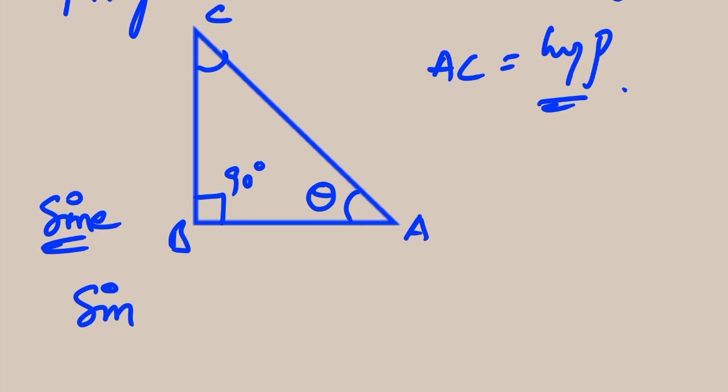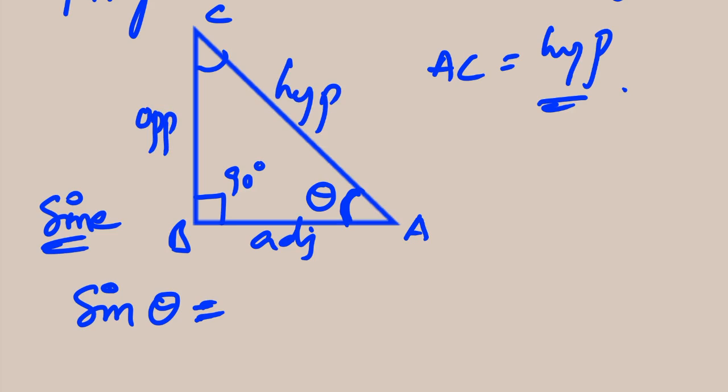So if we define sine theta, here I am taking this angle, and with respect to this angle, AB is the adjacent side, BC is the opposite side, and AC is the hypotenuse. So these three things are there. How can we define the sine ratio?